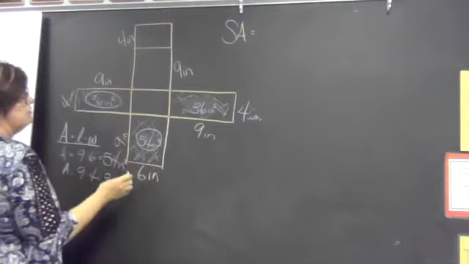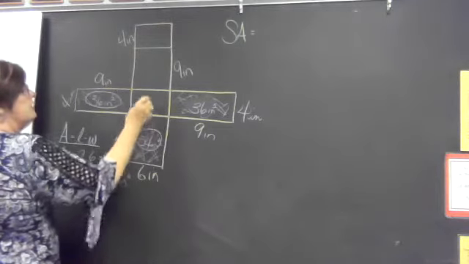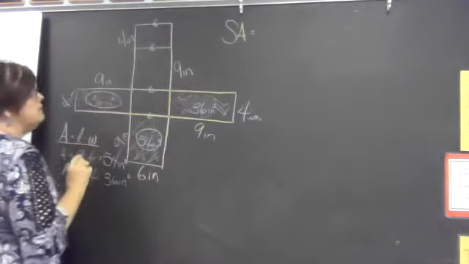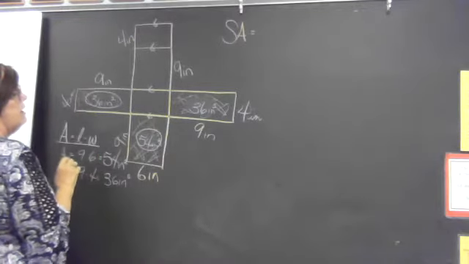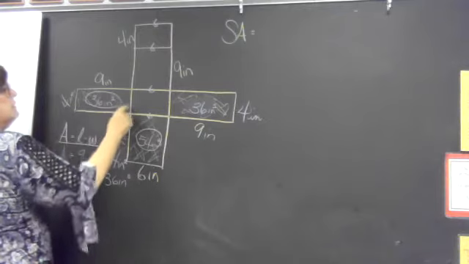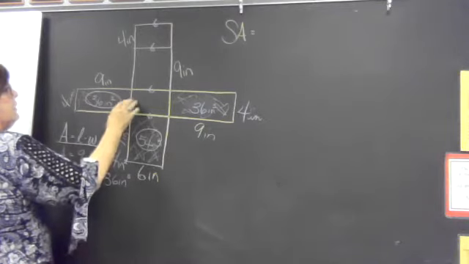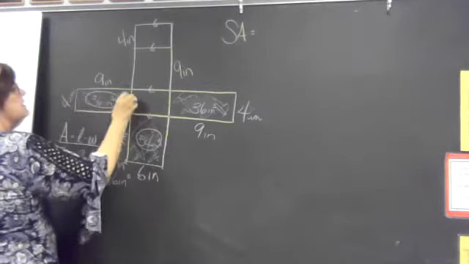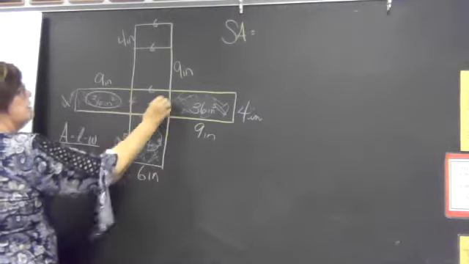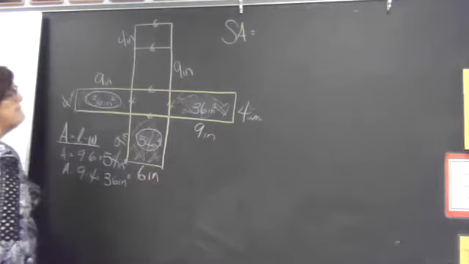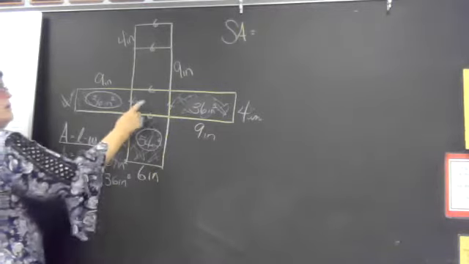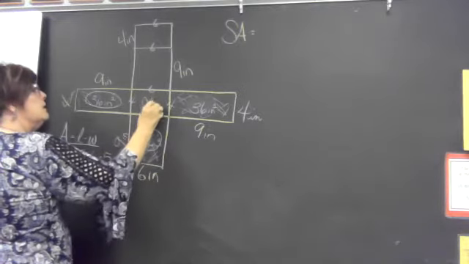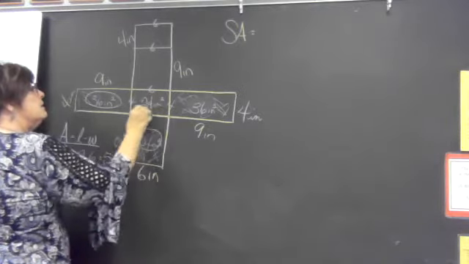If I know there's 6, I'm just going to put it on there. Now, I also need the width. So I move until I find something that is the same as it, and I have 4. So now the area of this piece is 24 inches squared.